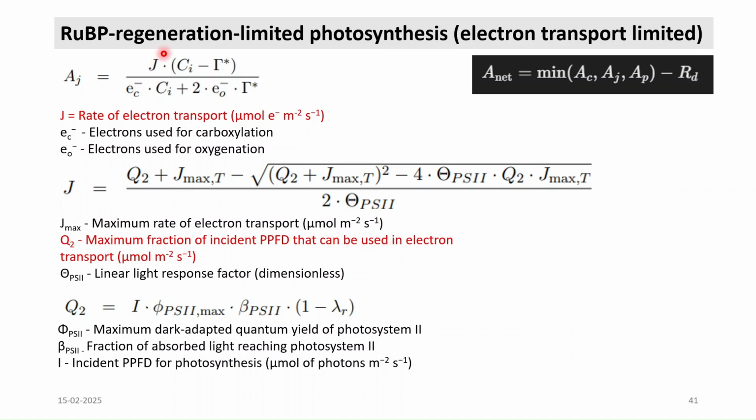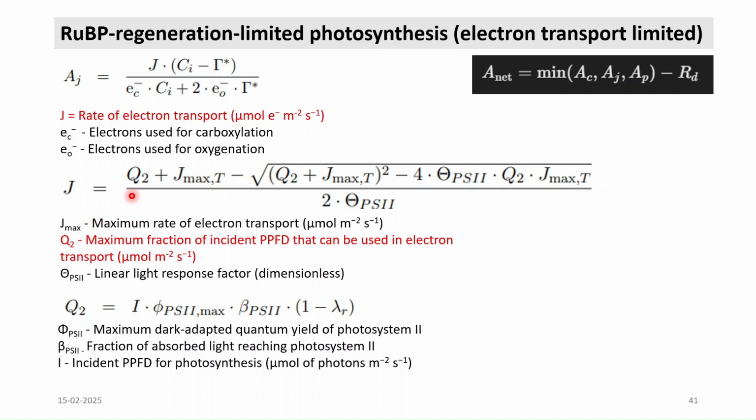This is the formula used to estimate this parameter, where Jmax is the maximum rate of electron transport at a particular temperature. As Vc max is the maximum rate of carboxylation, here in RuBP regeneration limited photosynthesis, the maximum rate of electron transport is given by Jmax.